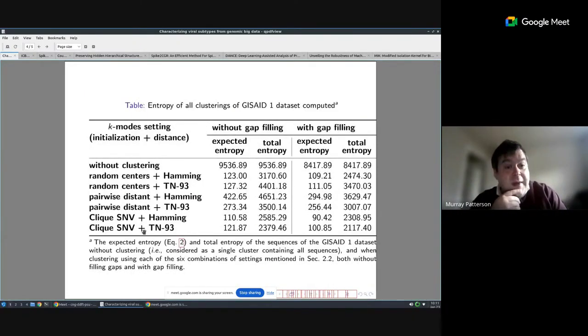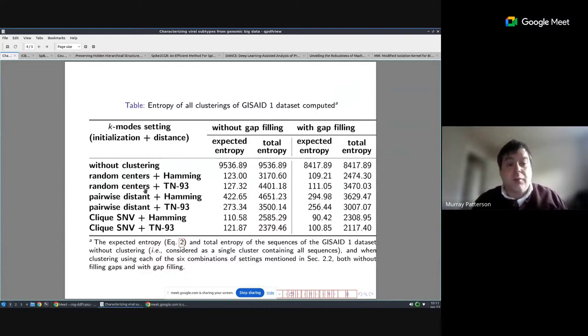GISAID is a database that hopefully most of you have heard of. Here we had about 1 million sequences, and we did this kind of clustering.